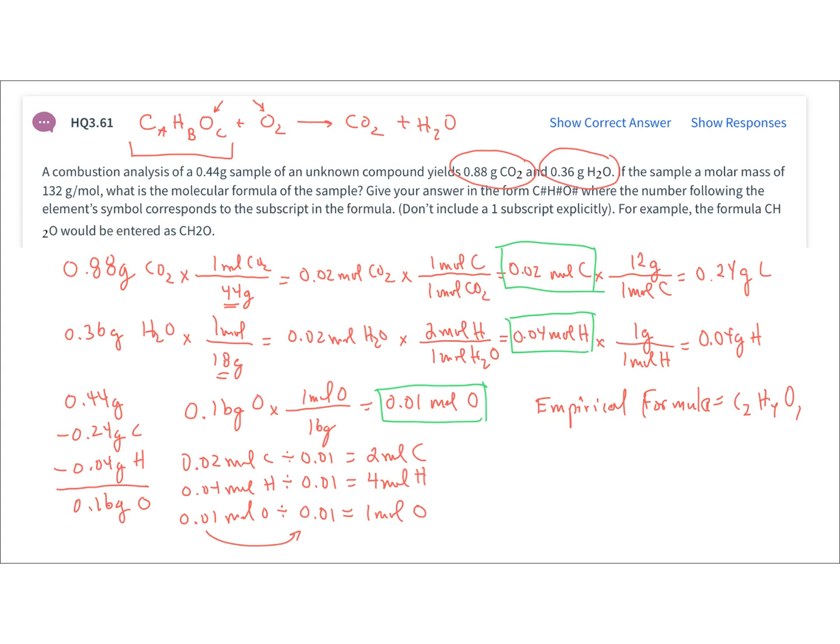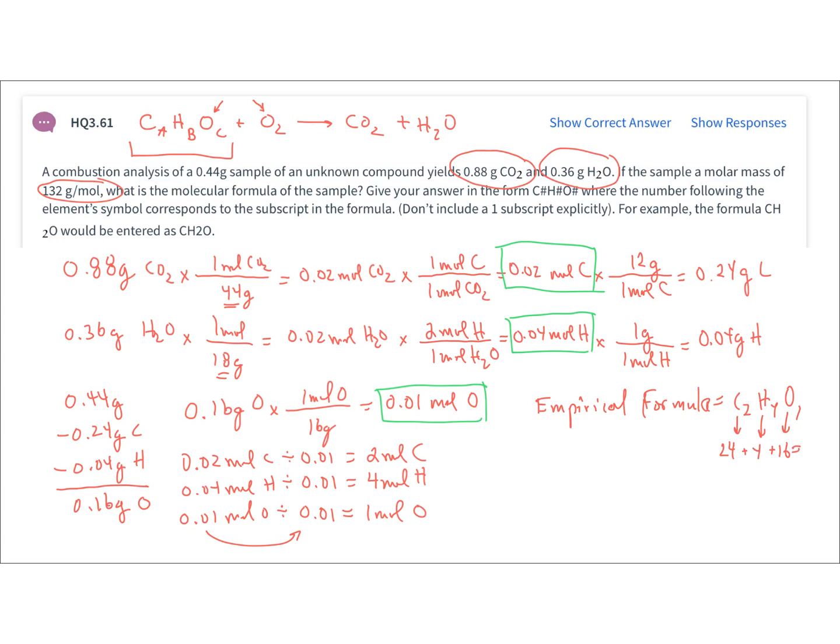We know that the molecular weight is 132 grams per mole. So we need to figure out how many times I have to multiply this empirical formula to come up with the molecular formula. In C2, carbon is 12, so there's 24. Hydrogen is 1, so there's 4. Oxygen is 16.